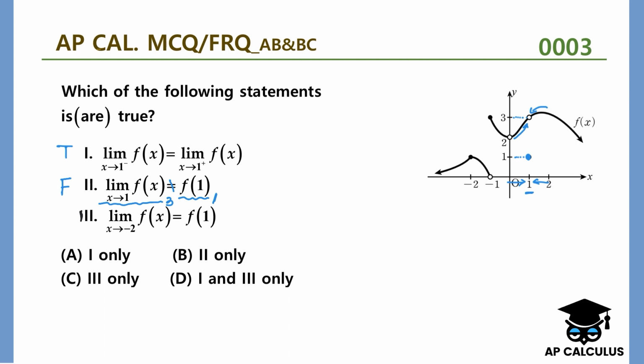From the left-hand side, it approaches 1. From the right-hand side, it also approaches 1, right? So this value right here is 1. f of -2, that's 1, right? So they are equal to each other. So this is true. So which of the following statements is true? The 1 and 3, right? The answer has to be D.